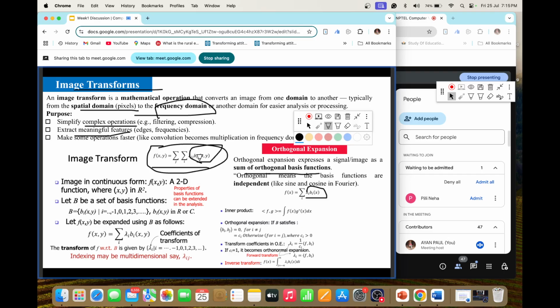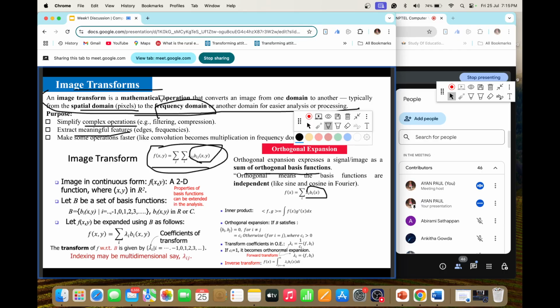Again, this is complete theory, no need to get into depth, but this is the definition that you should always focus on. The image transform is a mathematical operation that converts an image from one domain to another. What domain to what? Spatial domain to frequency domain.